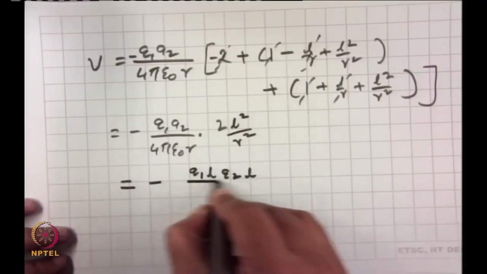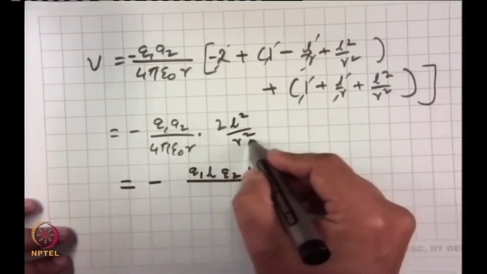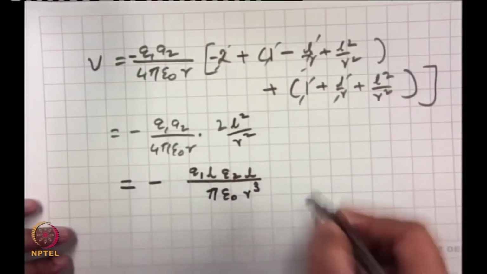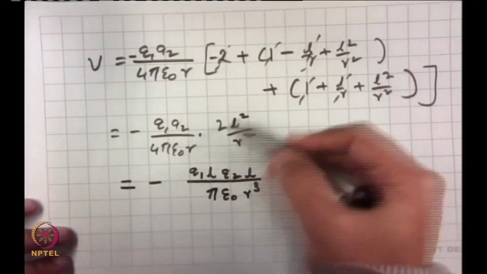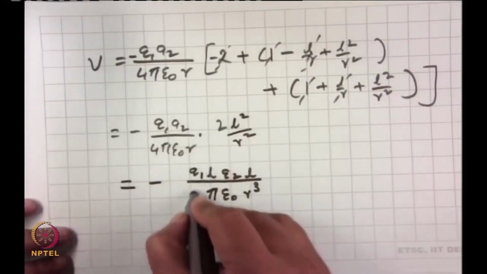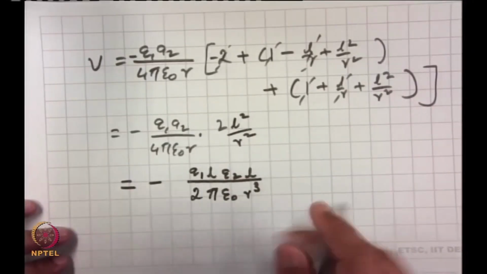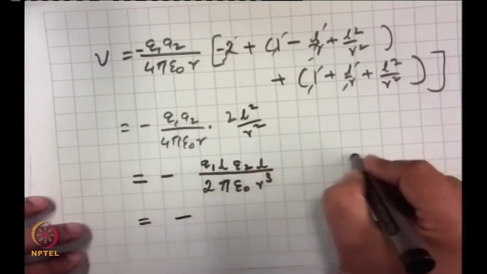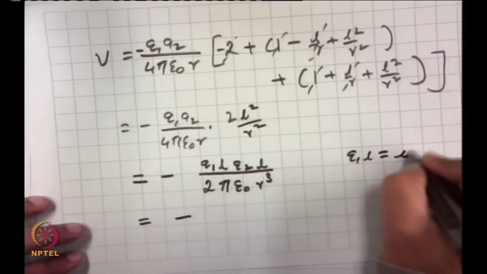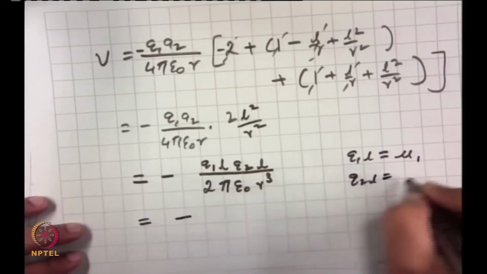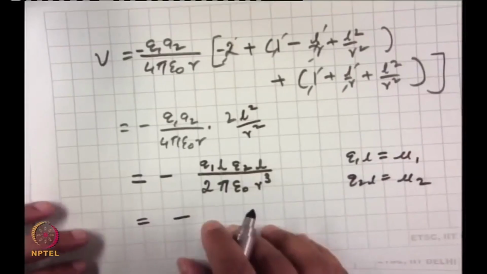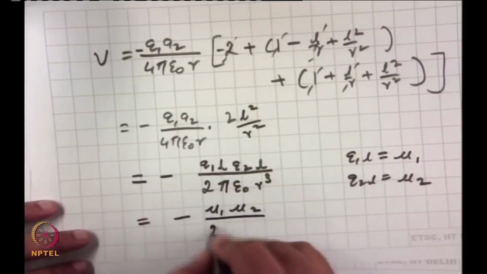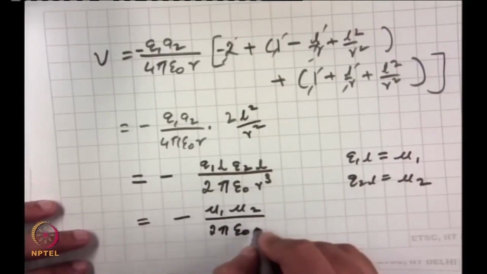Then this is r squared, I have pi epsilon 0 r cubed, this 2 will cancel out with 4, and we will be left with a term here. So, essentially what I can write is minus, so q1 L can be written as mu 1, q2 L can be written as mu 2, and hence we have mu 1 mu 2 by pi epsilon 0 r cubed.